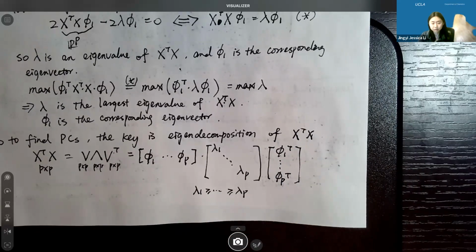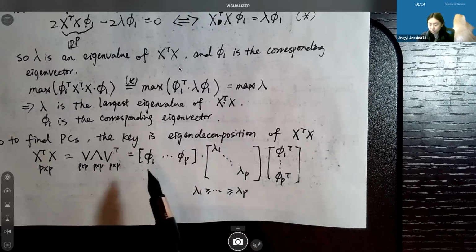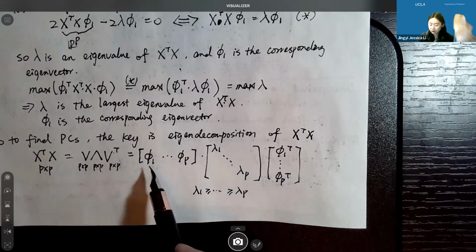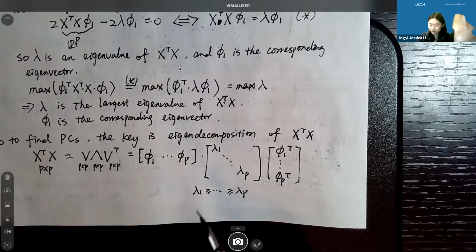With those loading vectors, one more thing I want to say is that the reason I write it this way is because this is a fun fact of linear algebra. When we do matrix multiplication, we can multiply a row by a column to give a scalar. But another way is to look at it as a column multiplied by a row, which is called an outer product, and that gives you a matrix.